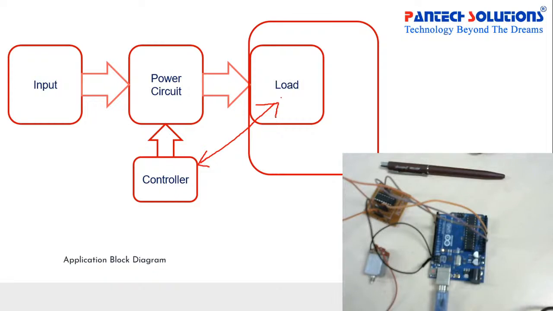But that is not a perfect method, because each microcontroller GPIO has some current limitations. If you assign the GPIO as an output pin, the controller will give you a maximum of 40 milliamperes, and in some cases only 10 milliamperes.